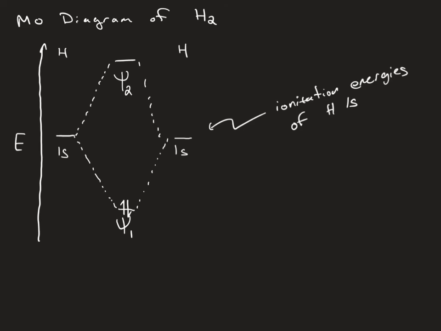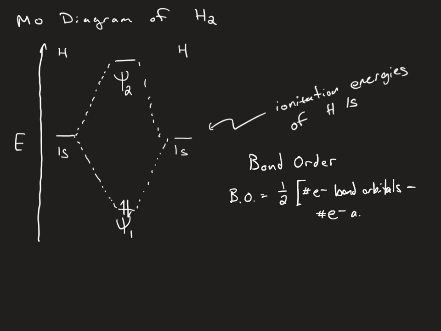An important concept that we're going to use in this class is a concept of a bond order. A bond order is simply equal to 1/2 times the number of electrons in bonding orbitals minus the number of electrons in antibonding orbitals.